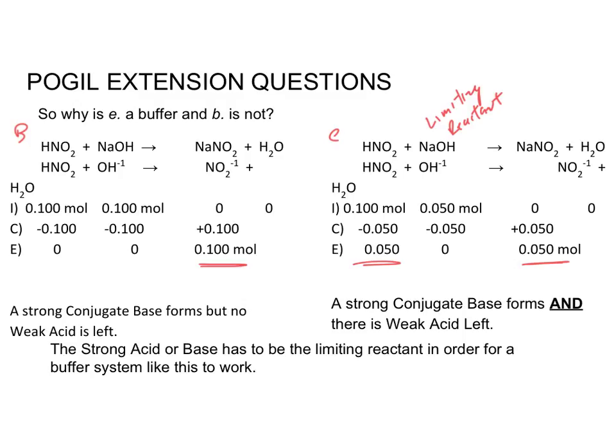So the rule of thumb, when you're trying to identify whether or not a system is going to be a buffer, is you have to take into consideration what's being mixed with what, number one, and what the concentrations are, or at least the volumes in this case. So the strong acid or base has to be the limiting reactant in order for a buffer system like this to work.